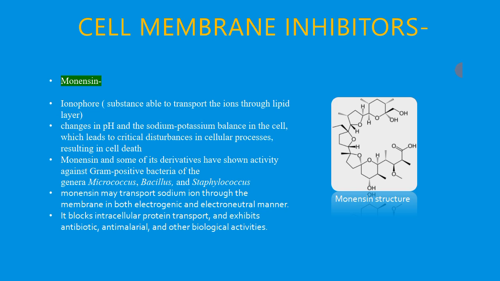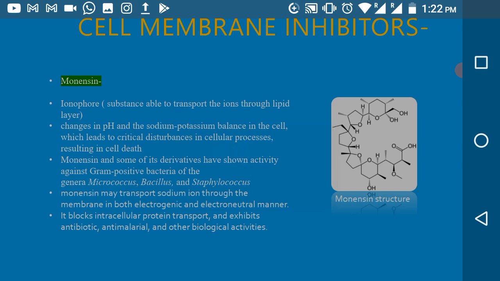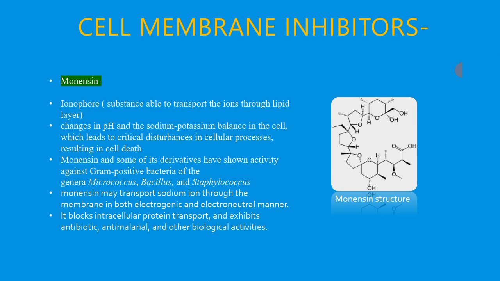Now the pH and the potassium sodium balance are the most optimum conditions for cell stability and cell growth. Now these two crucial things are getting disturbed, therefore the cellular processes will not take place properly. It will block the intracellular protein transport, and exhibit antibiotic, anti-malarial and other biological activities.